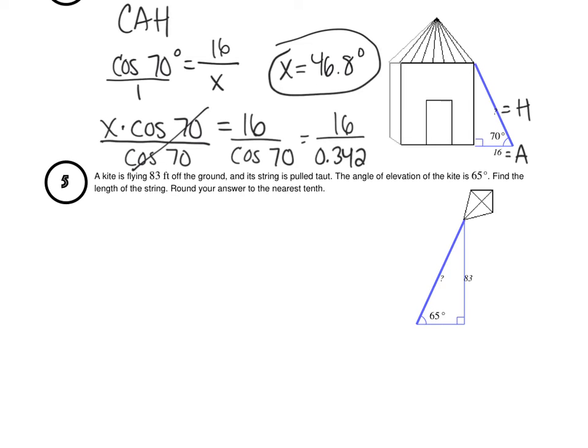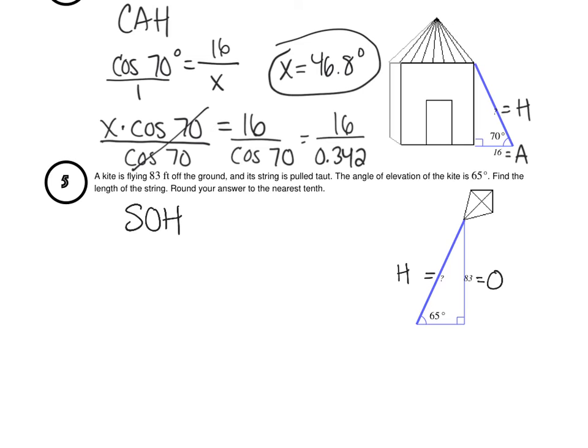All right, so for this one, 83 is across from the 65-degree angle, so it must be the opposite. And they want us to find the hypotenuse. We know that opposite and hypotenuse is SO, which stands for the sine.